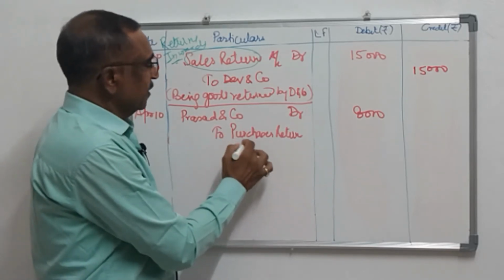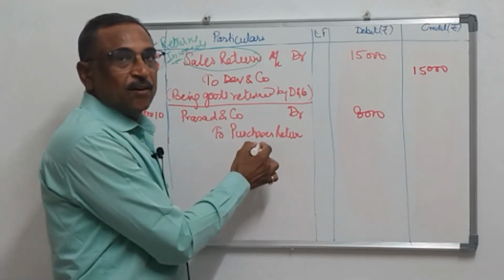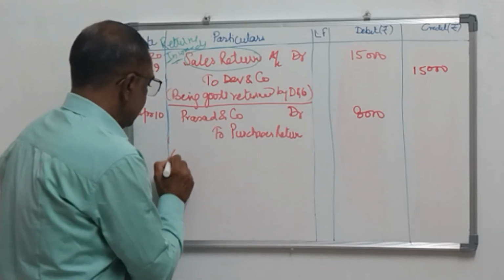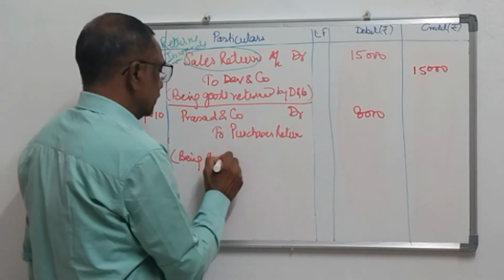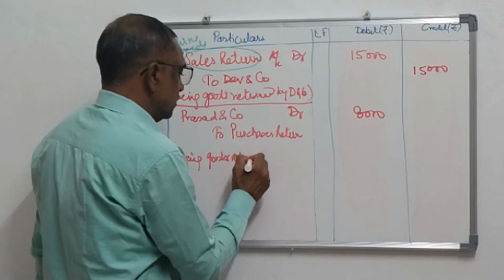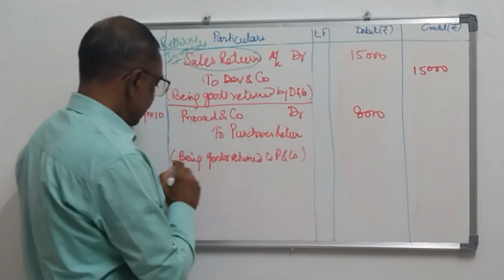Okay, so purchases return is your nominal account, and credit all your incomes and gains. This will be applied, and we will write being goods returned to Prasad and Company.